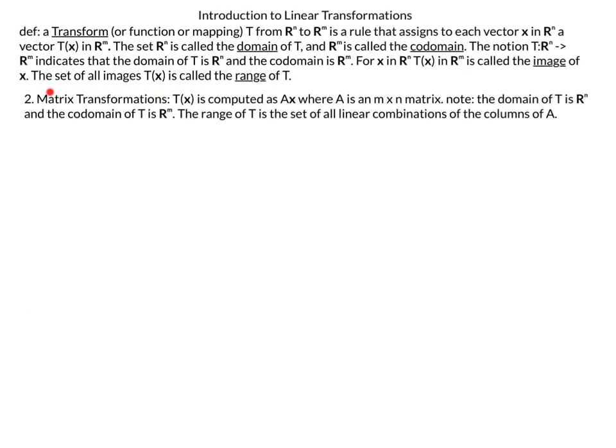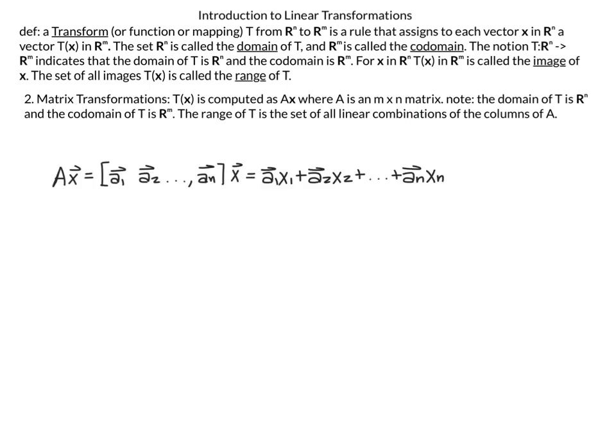So I copied the note on matrix transformations here so I would have more room. T of a vector x is computed as a matrix A times x, where A is an m by n matrix, and we want to note the domain of T is Rn when A is m by n, and the codomain is Rm. The range of T, or the vectors in Rm that have something in Rn mapped to it, is the set of all linear combinations of the columns of A. And we can see that clearly when we write Ax as the column vectors of A times x.